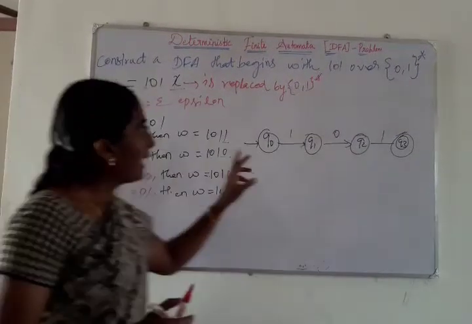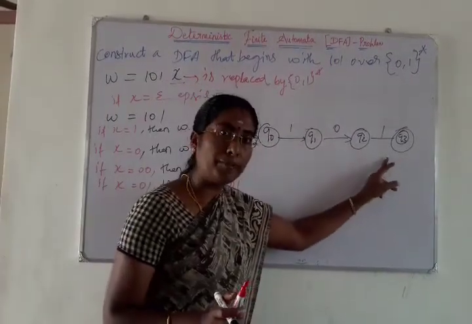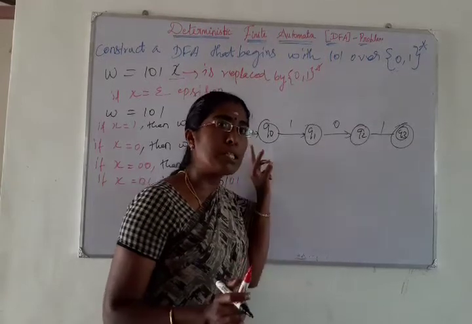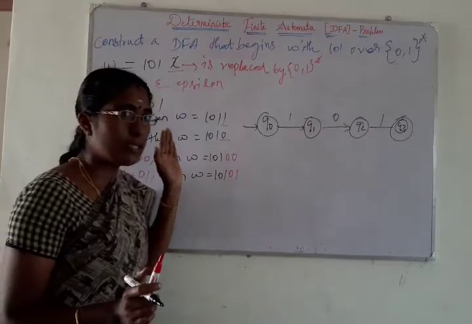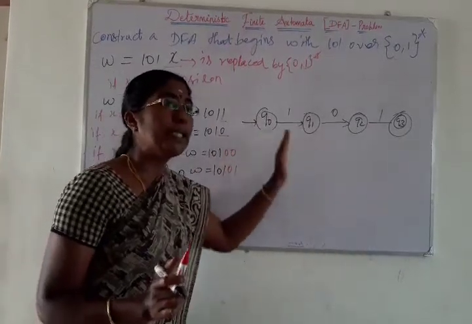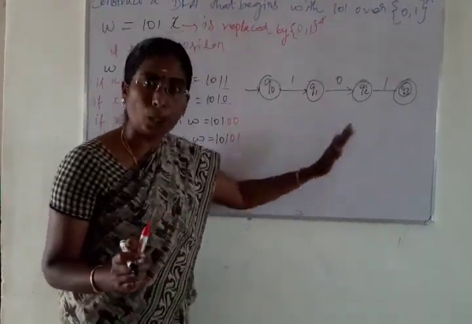We have a forward transition path for 101 from the start state to the final state. What is our goal? 101 is the starting string followed by any sequence of symbols over 0, 1.